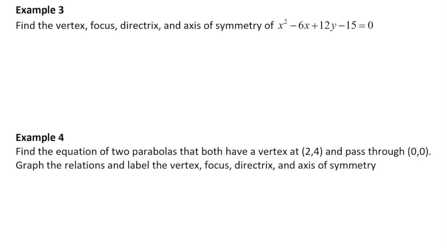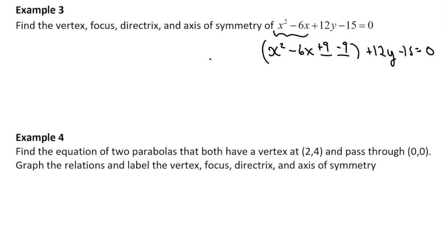Take a look at what you have, and we know that this x squared minus 6x could be something that we'll be able to join together. So here's what I would recommend. We could say bracket x squared minus 6x, blank blank, and then let's just leave the 12y minus 15 on the outside. And we're going to invite plus 9 and minus 9.